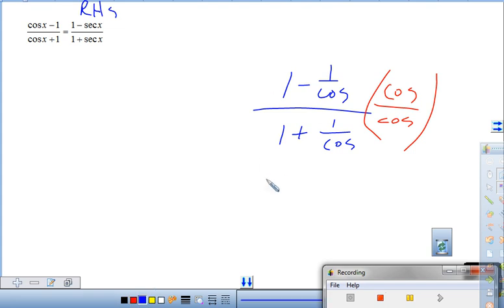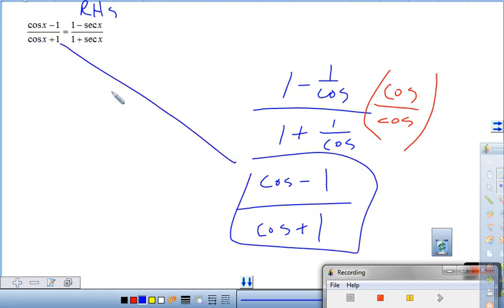So when I do that, I get the cosine minus, that cancels, so I get 1. And on the bottom, I get the cosine, 1 times cosine plus 1 over cosine times cosine, which is 1. And I see that that then does look like this left-hand side here. So I've been able to adjust the right-hand side independent of the left and alter it using my known identities to look like the left-hand side.